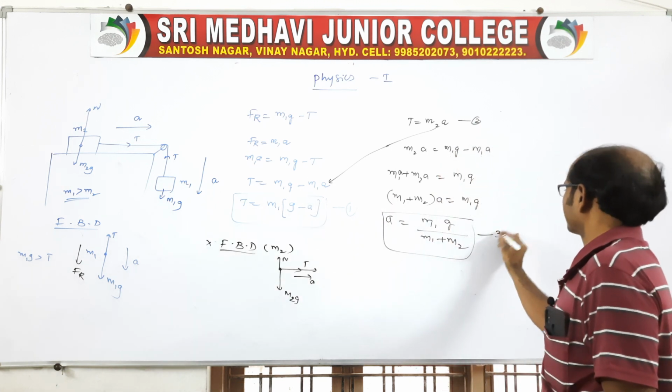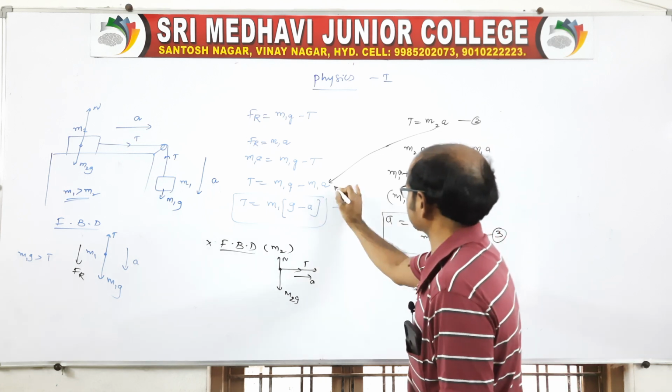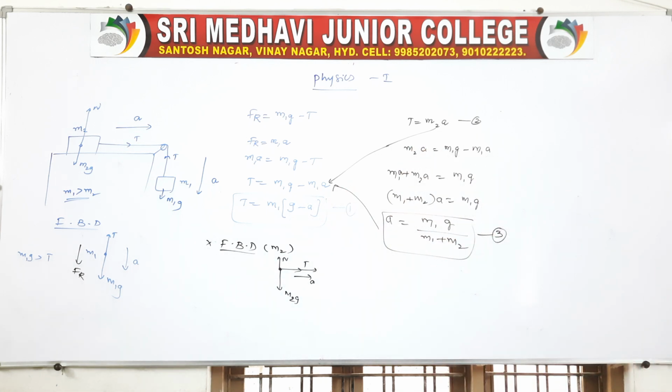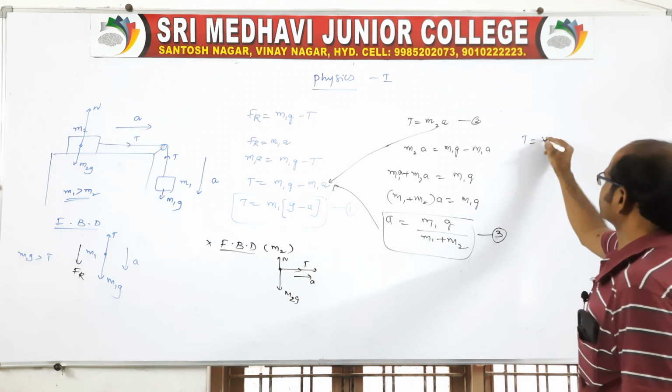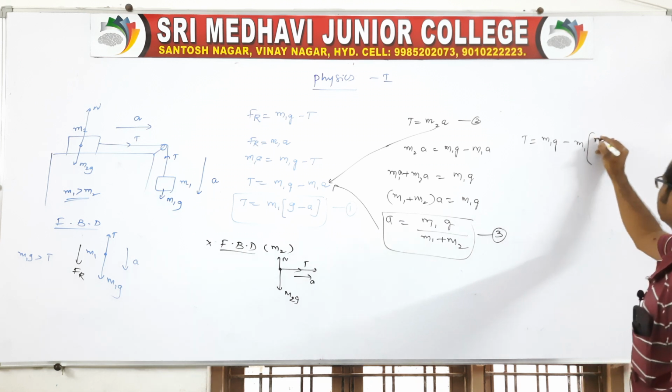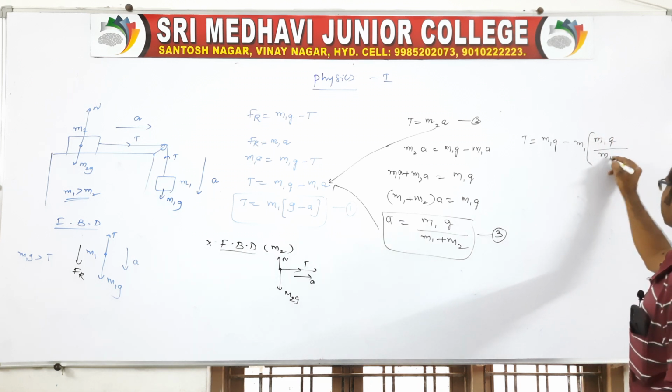Take this as equation 3. Substitute it in the tension expression: T equals m1g minus m1 times m1g by m1 plus m2.